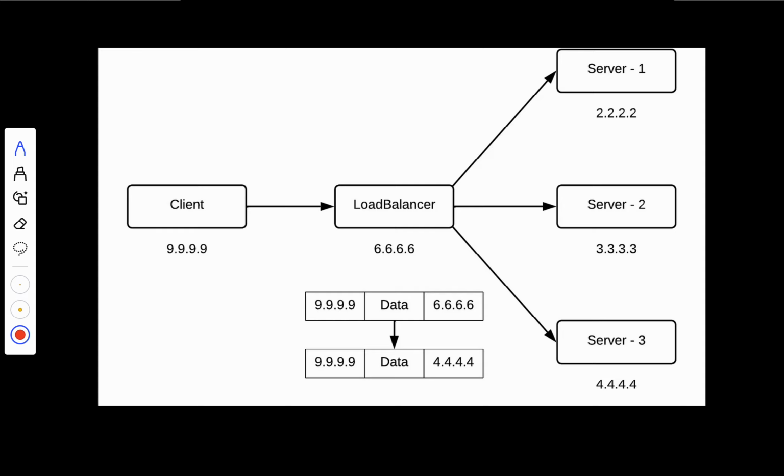API gateway load balancing routes API calls to the right microservices. Content-based routing sends video requests to a streaming service and images to a CDN, for example. User geolocation-based routing as well, basically directing EU users to EU servers and US users to US servers.